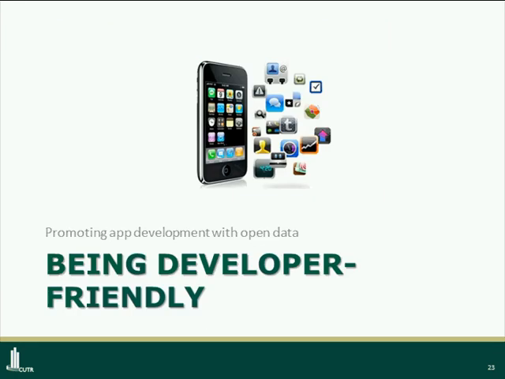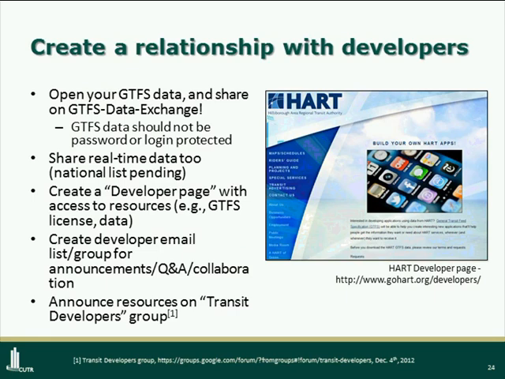So I'm going to cover some things on what an agency should do to be considered developer friendly, and this is the best way to promote app development based on your open data. So the first thing you want to do is look at your relationship with application developers as a relationship. It's something that does require maintenance. It's something that requires communication.